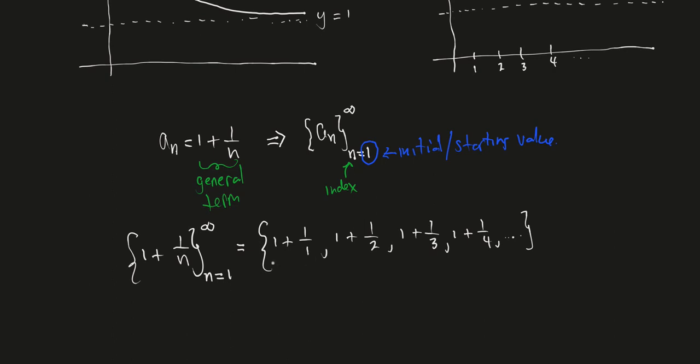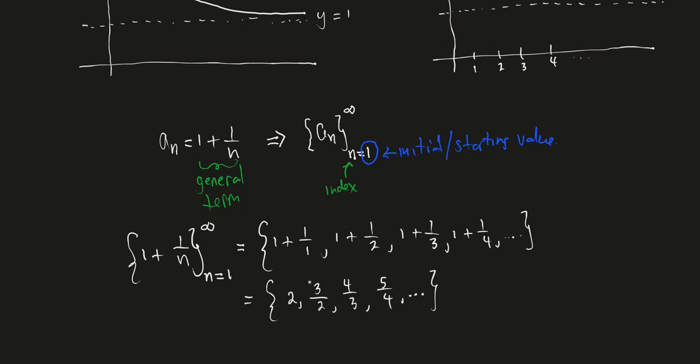Or you could have a description where the first 3 or 4 terms are listed, and then it says and so on. Actually, it typically wouldn't be listed like this. These additions would be computed and simplified, so we would end up with 2, and then here we would have 3 halves, and then 4 thirds, and then 5 fourths, and so on.